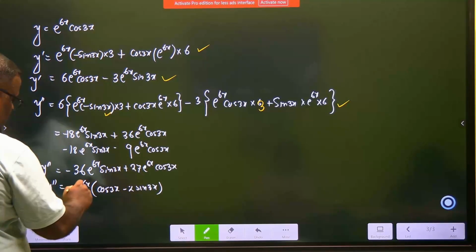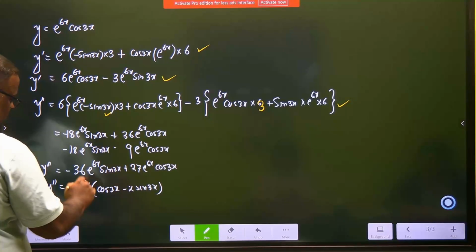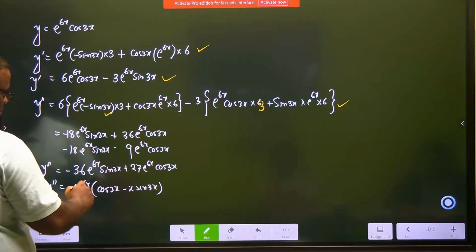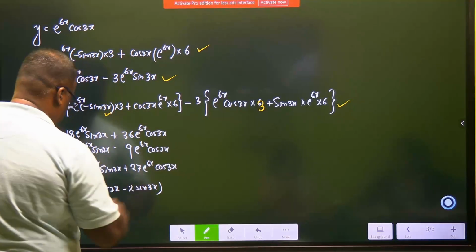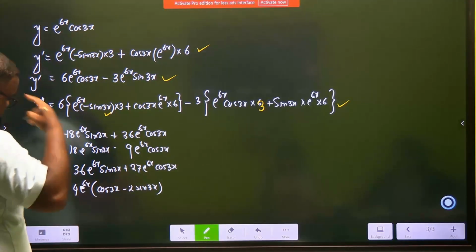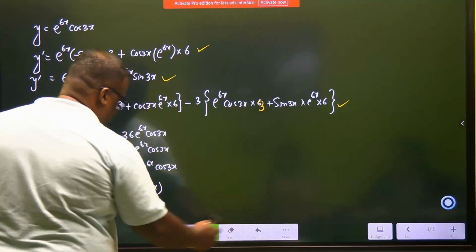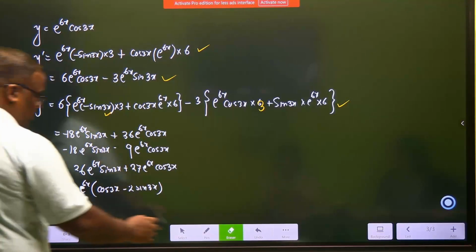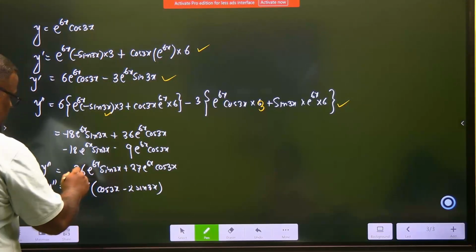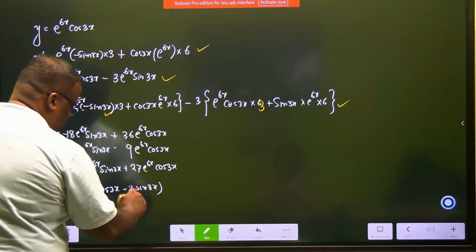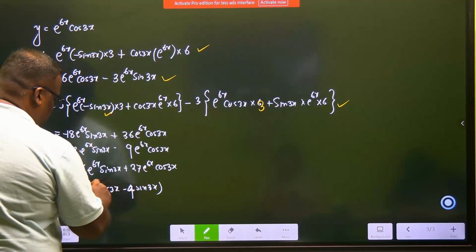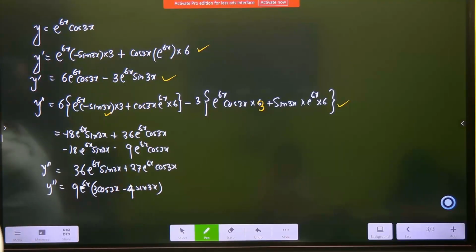So 9 e to the power 6x, and here it will be 4, and here it will be 3. Is it tallying now?